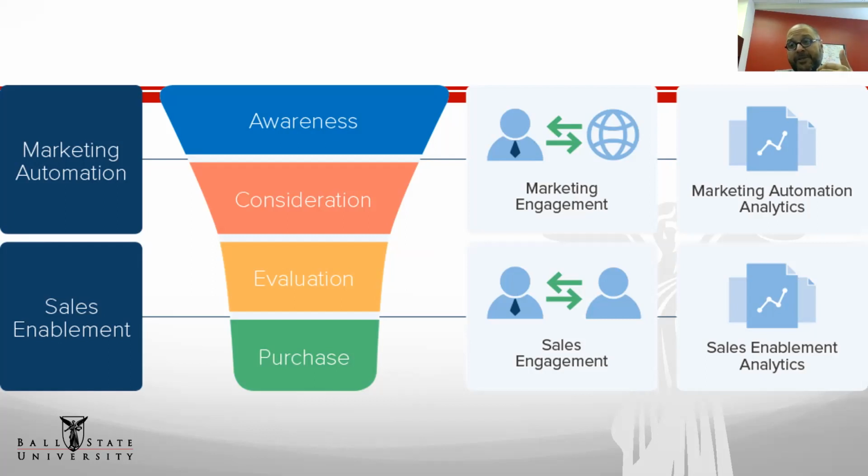And then sales enablement is once the customer has been informed about what you can offer, you still have to customize your offer, and that's where sales enablement comes in. So marketing automation, what you learned so far, this is where you are, and the next logical step is the face-to-face conversation that the salespeople are going to have so that they help the customer evaluate the options and then help the customer make the decision about the purchase.